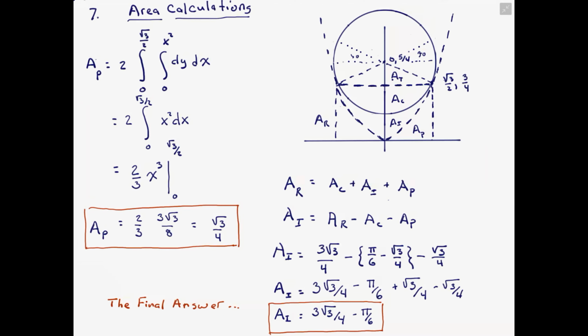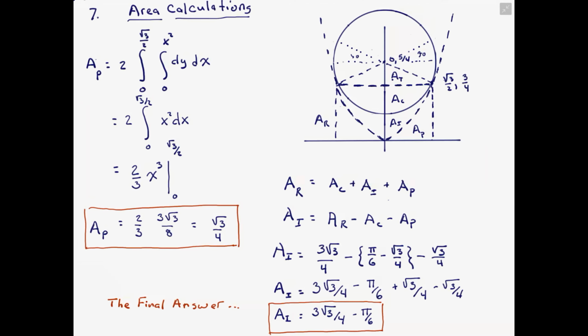So we have the area of the rectangle is equal to the area A sub C, which we calculated, plus the area A sub I, which is the area we're interested in, plus the area between the x-axis and the parabola.